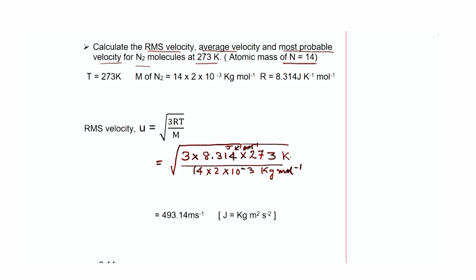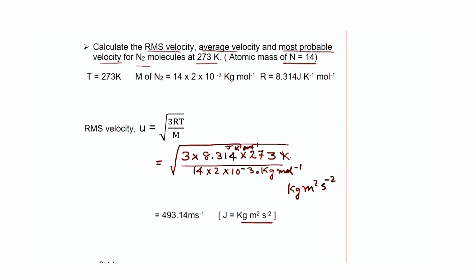The per mole and per mole get cancelled. Then Kelvin and Kelvin get cancelled. You will get joules, and joules you can write as kilogram meter square per second square.